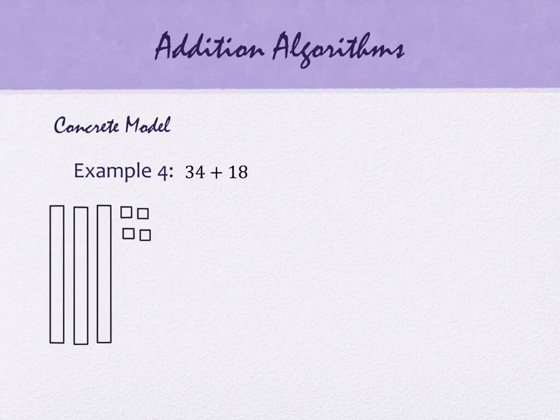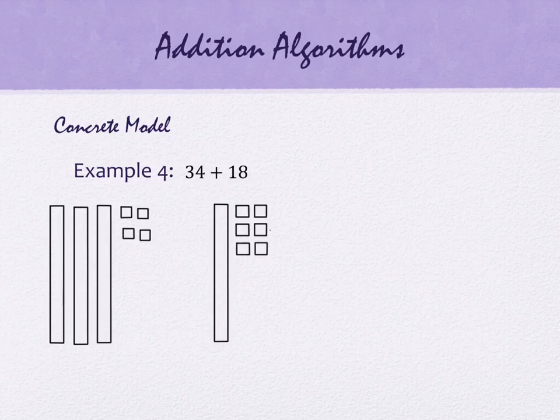Like they physically have the objects. And then 18 is 1 long, and now I have 8 units. Okay? And again, the child physically has all these objects.